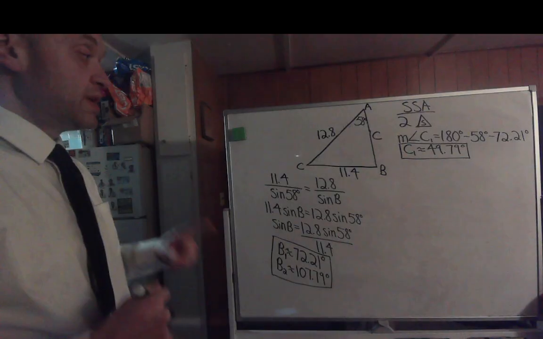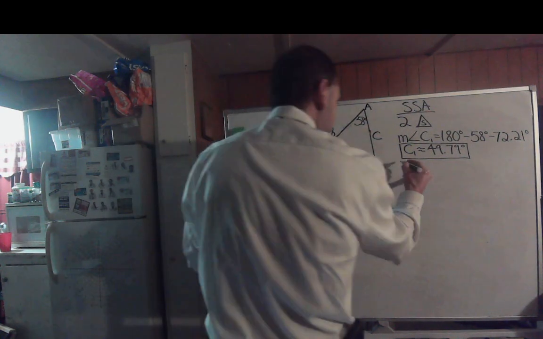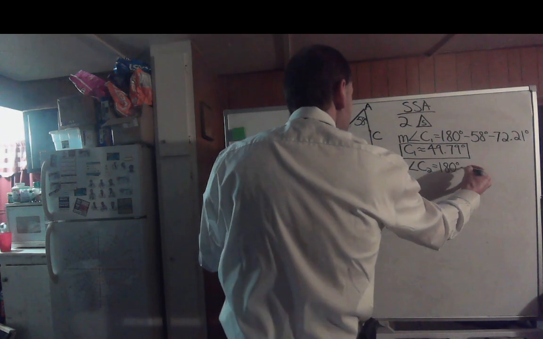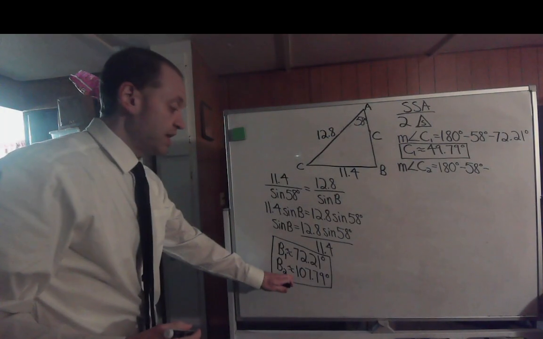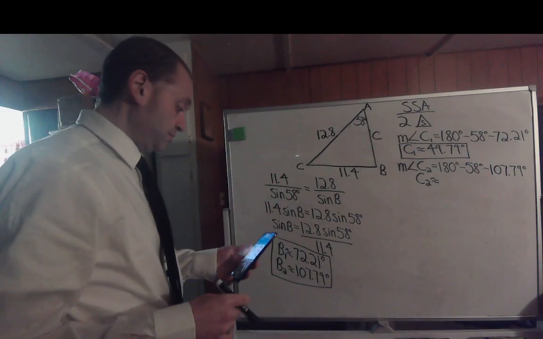Now we need to find angle C2. So to find that, you'll take the measure of angle C2, set that equal to 180 degrees, still minus that 58 degrees, but this time we're going to subtract the measure of angle B2, so that'll be minus 107.79 degrees.